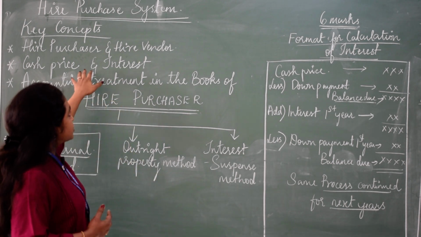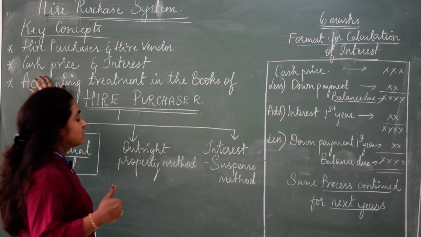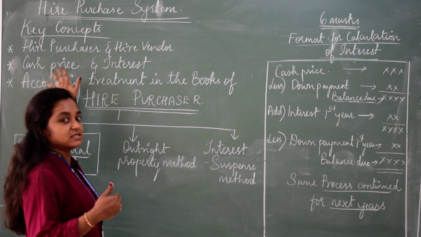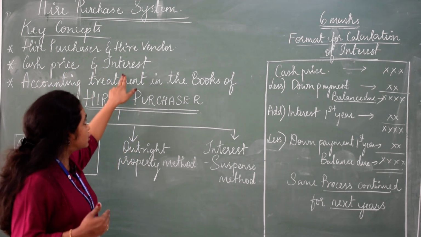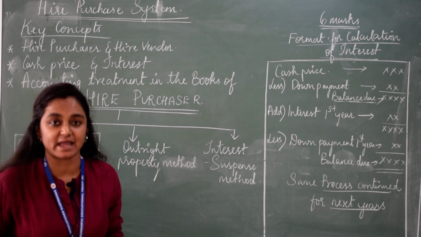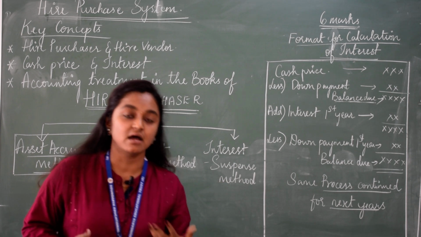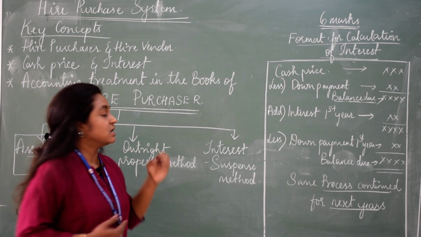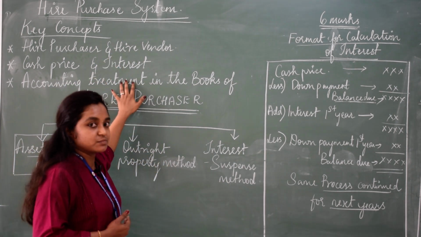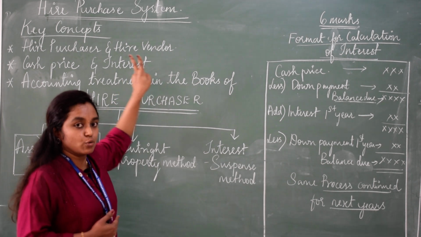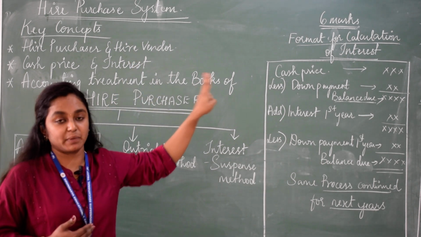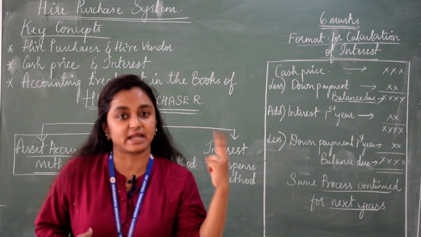With the conditions, they will also decide what the cash price will be, what the installments will be, and the interest that has to be calculated every year for the hire purchase. So the important key concepts you have to understand are, first, there are two parties in a hire purchase system, the hire purchaser and the vendor.